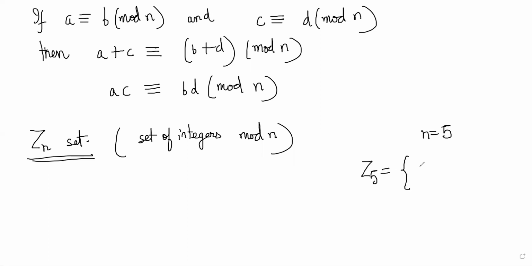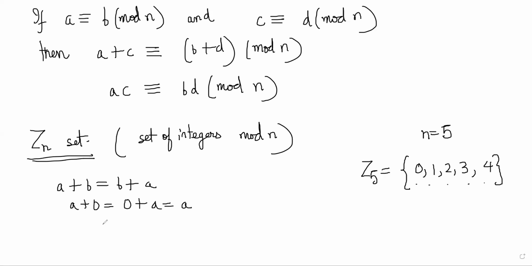Z5 is the set of integers which form the residue classes 0, 1, 2, 3, 4, right? So any other integer will always end up in one of these 5 residue classes, right? So what we can say is in Z5, you can always prove that a plus b is equal to b plus a, right? a plus 0 is equal to 0 plus a is equal to a.